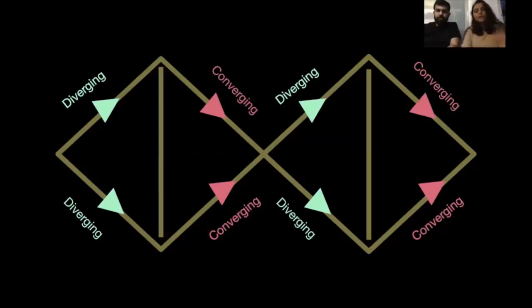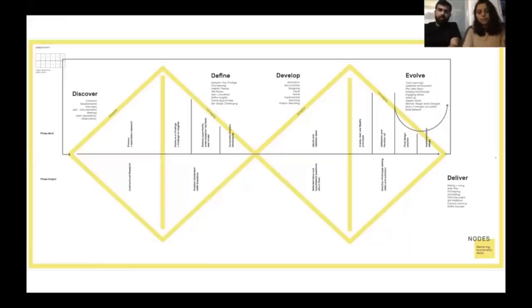Let us now look at the double diamond of how it looks. As you can see, we follow a loop between discover, define, develop, and deliver. If you actually find the right solution and you're able to deliver, that is the place where you deliver. But if not, you evolve and you learn better.